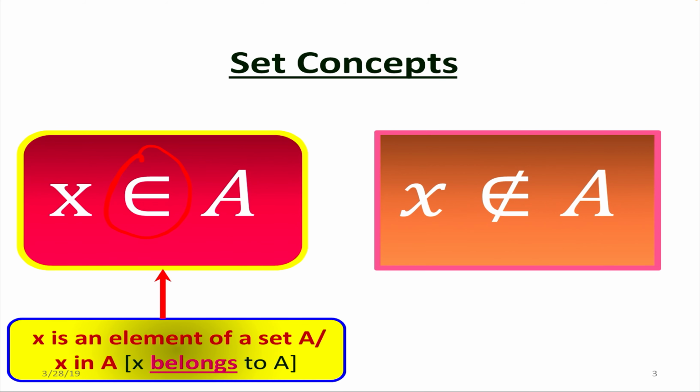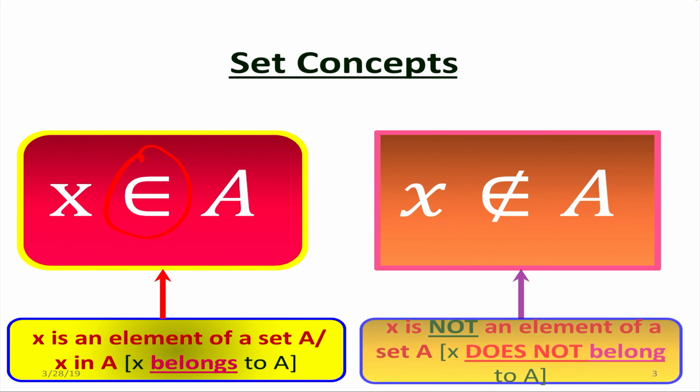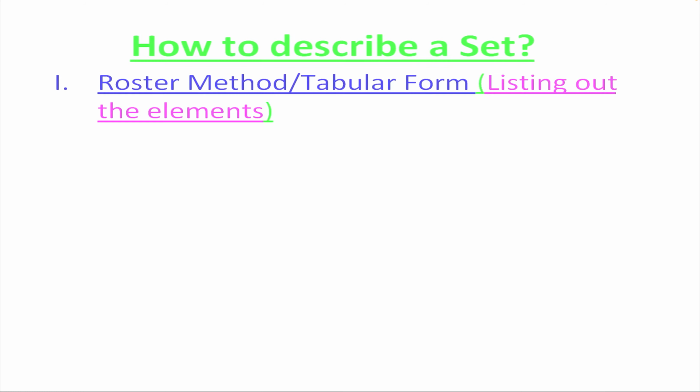Now, when this Greek letter is crossed, that simply means that the element x is not an element of a set A. So x does not belong to A.